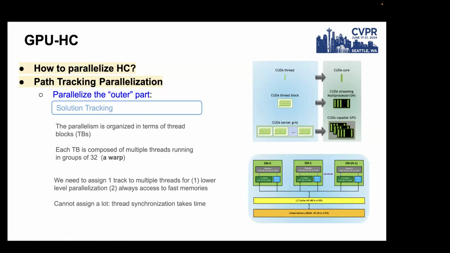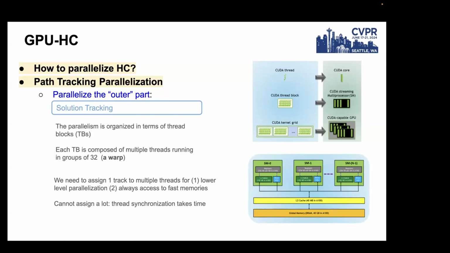So how do we parallelize it? We need to assign one track to several threads for two reasons. One is that we need all these threads to do some lower-level parallelization, and we need to put everything into one thread block because they can access a set of really fast memories.